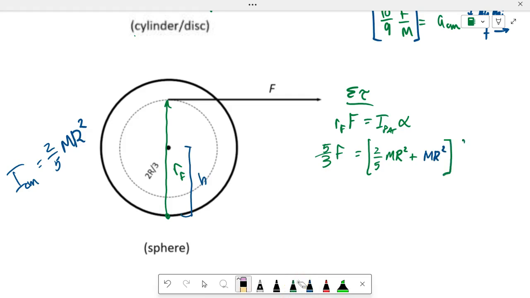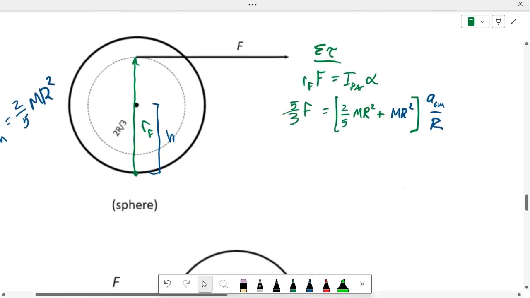Alpha, I'll substitute right away for ACM over R.